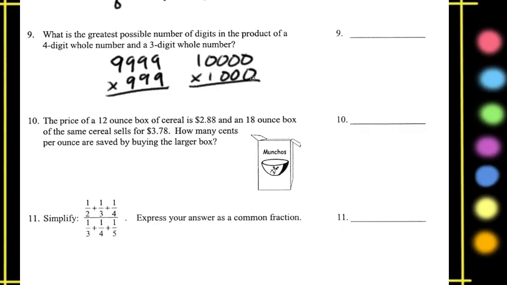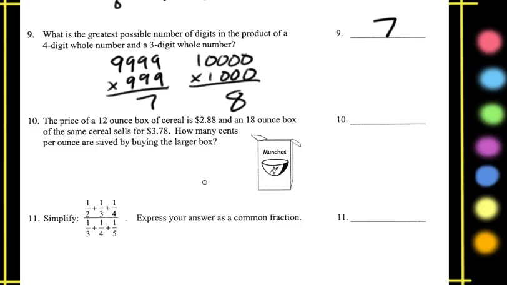Which is just 10 million. And 10 million has 8 digits, but it's the lowest whole number that has 8 digits. And so if this thing is smaller than that, it's only going to have 7 digits. So 7 is the answer there.